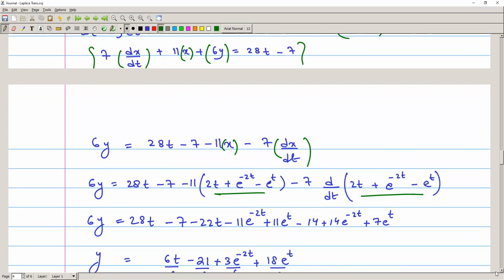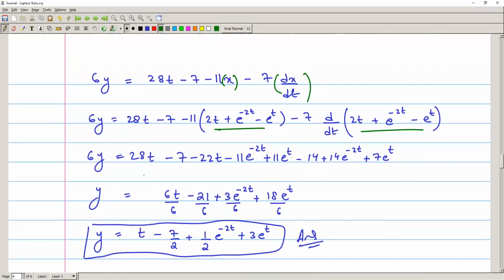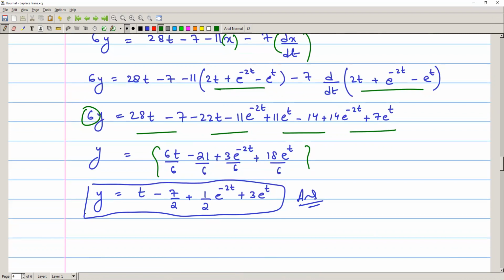So we get this function. We will arrange and simplify, then we get this form. We will divide the whole equation by 6, and at last we get the answer for y of t.